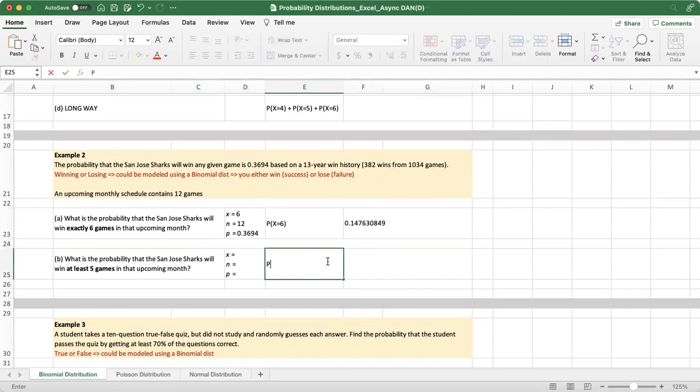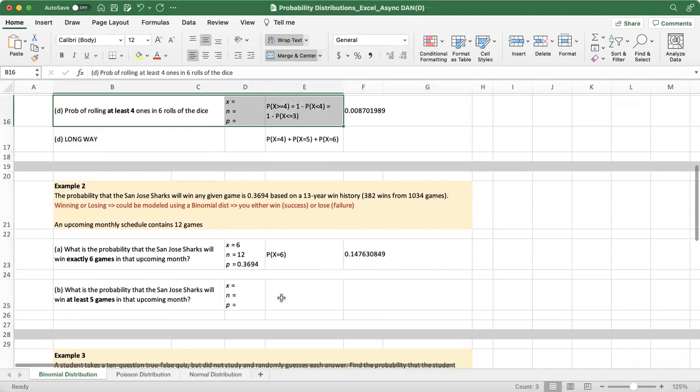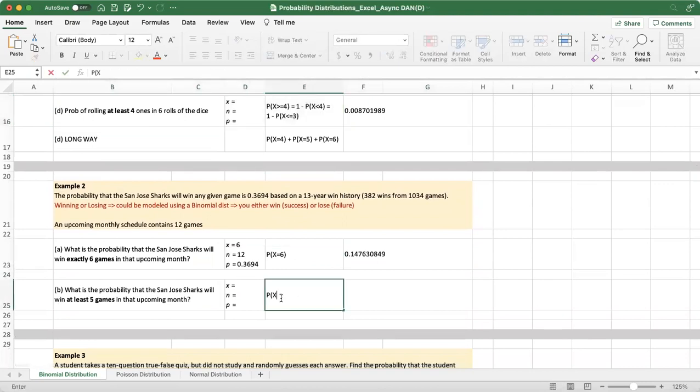The next one: the probability that they will win at least 5 games in that upcoming month. We're going to do something very similar to what we did before. At least 5 games is X being greater than or equal to 5, which I could write as the complement of X being less than 5, which I could rewrite as 1 minus probability of X being lesser than or equal to 4.